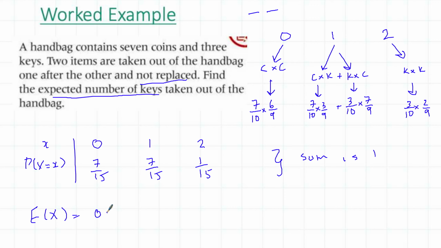So that would be 0 times the 7 over 15 plus 1 times the 7 over 15 plus the 2 times the 1 over 15, and that will give me 9 over 15, which is, if we take it into decimal, 0.6, which means if I repeat the experiment many times, I would expect to get between 0 and 1 number of keys out of the handbag.